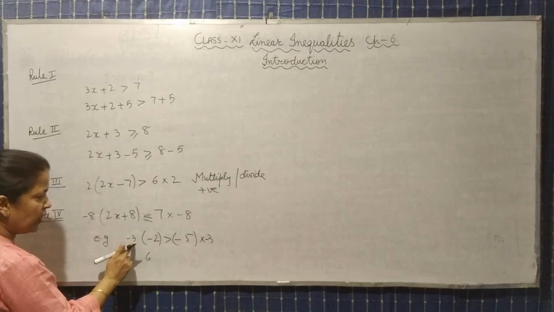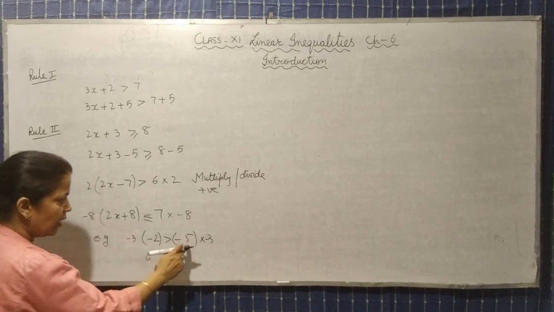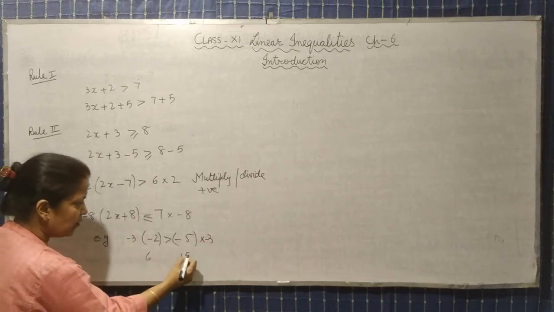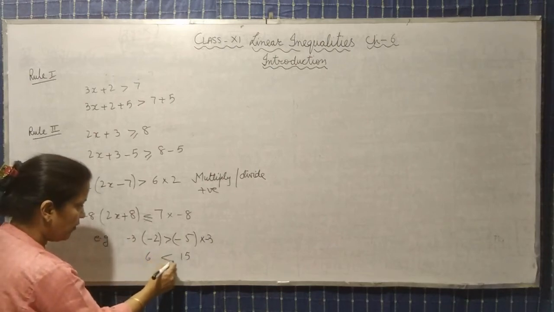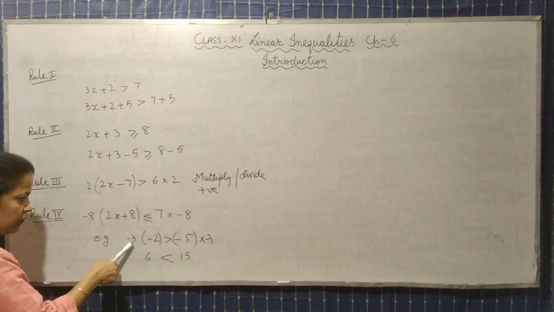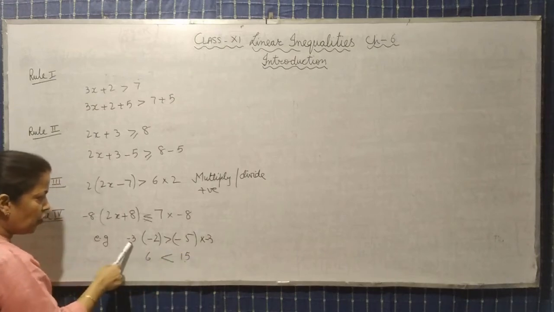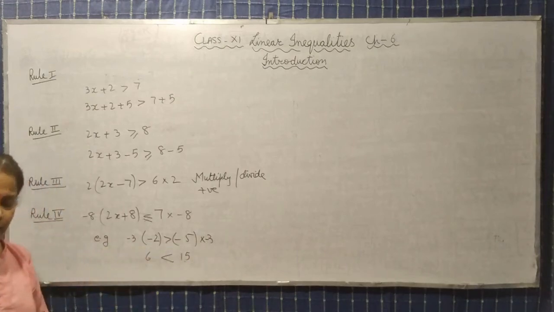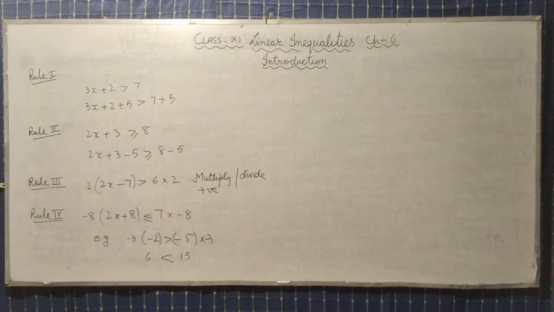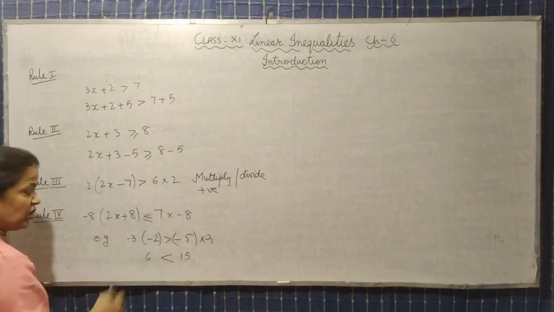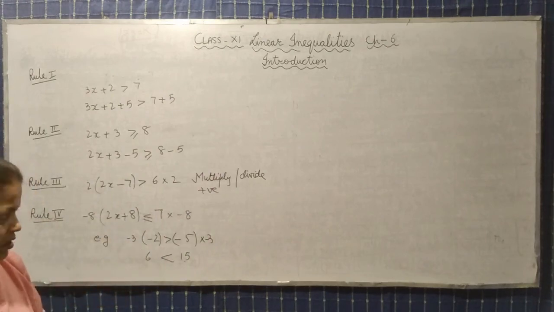Here you will get 6, and here you will get 15. Now look, which one is greater? 15 is greater. So by multiplying both the sides with the negative, the sign will change. Same for division also.